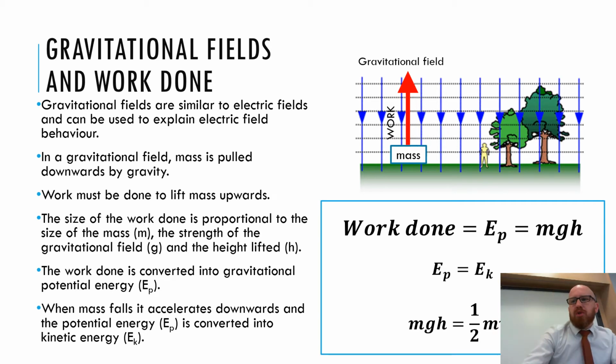So just showing you here, if you have a gravitational field on the right hand side of the formula, the potential energy gets converted into kinetic energy and allows you to calculate the speed of the particle or speed of the mass as it hits the ground. So work must be done to oppose the field, to lift it up, and if you release it, that turns into EK. So you get work turned into potential energy and then converting back into EK.